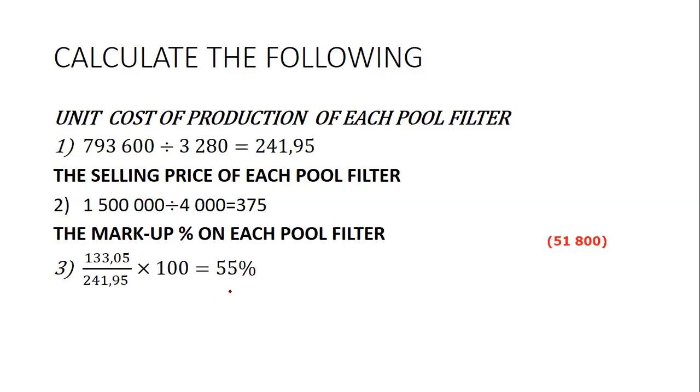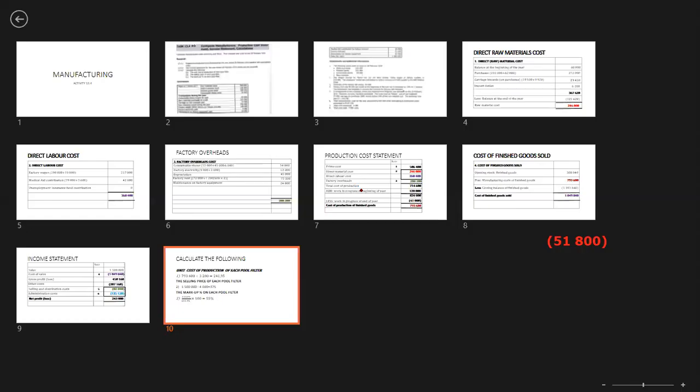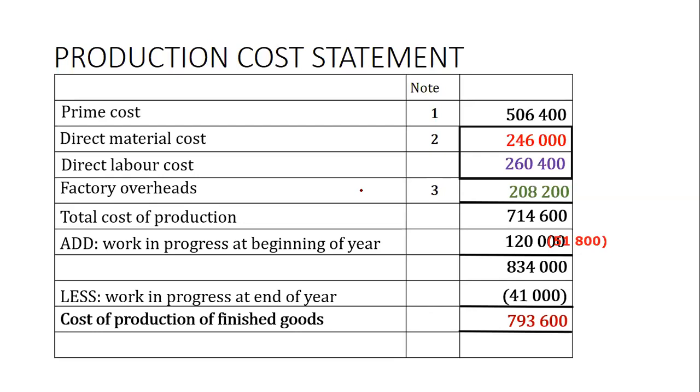Cost of units produced is the total cost of production divided by the number of units produced. Total cost of production comes from your production cost statement. Look at your production cost statement. Cost of production of finished goods is 793,600.